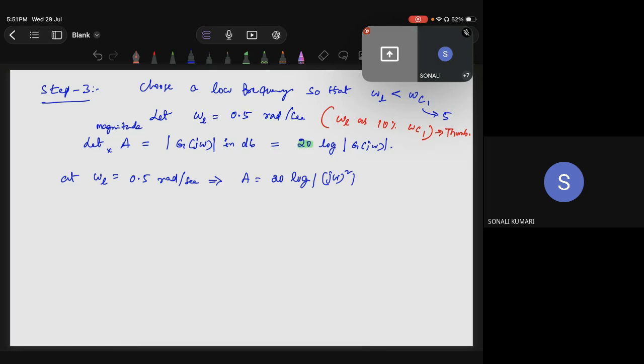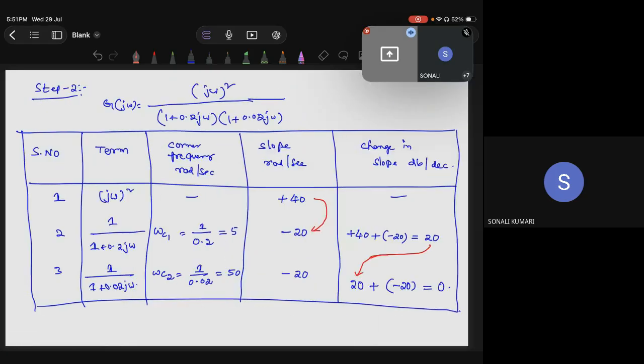Next, what we do is, you consider this Z of j omega. If you take the magnitude, what is the magnitude? We have this expression.